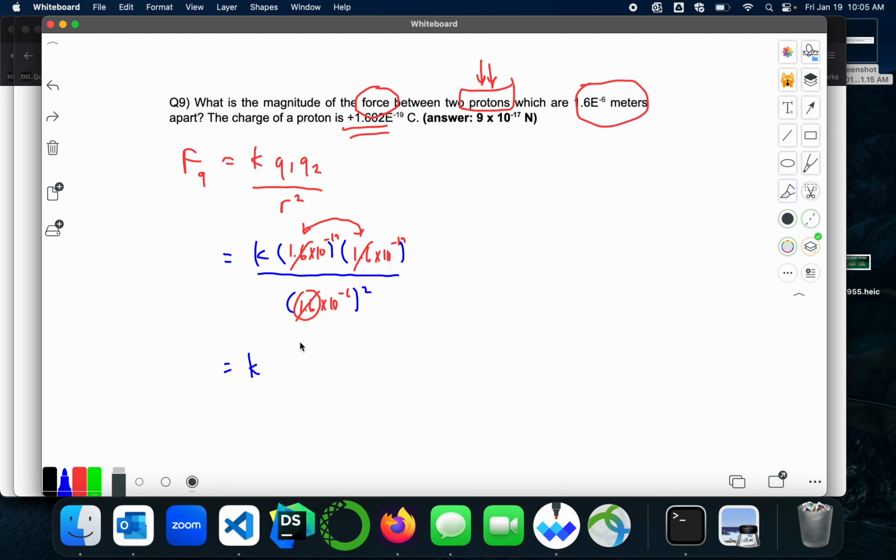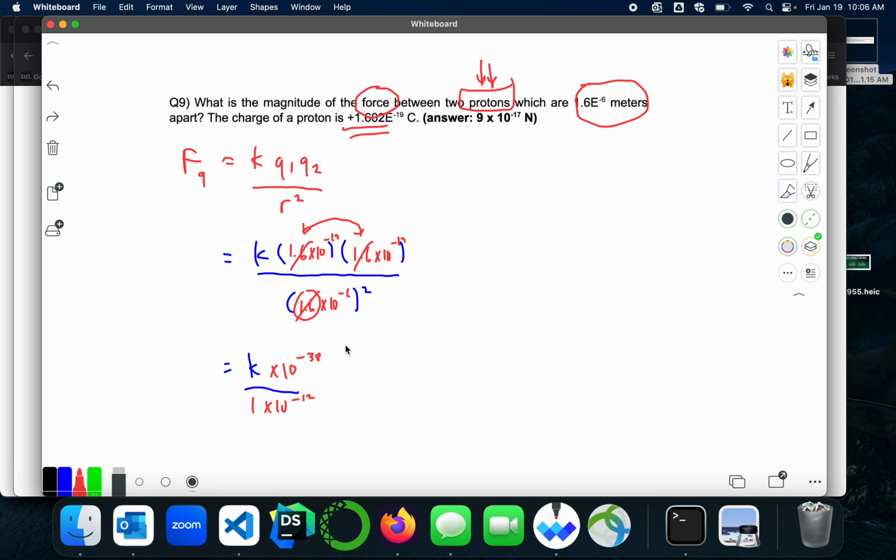Okay, so in that case then, this is going to be K, which I'll look up in a second, times 10 to the negative 19 times the negative, which is negative 38, over 1 times 10 to the negative 12, right?